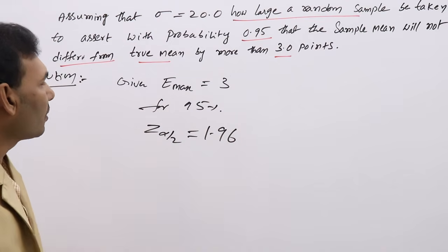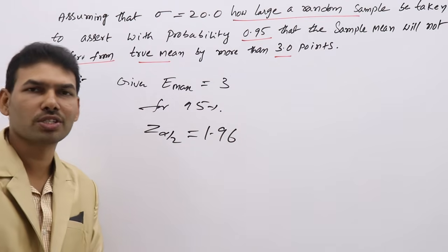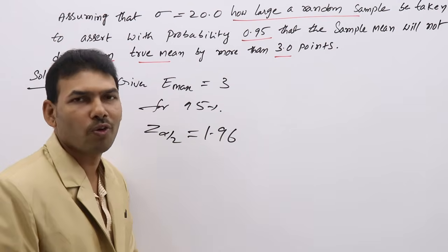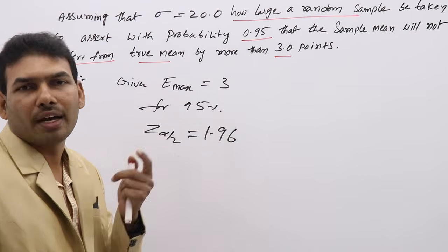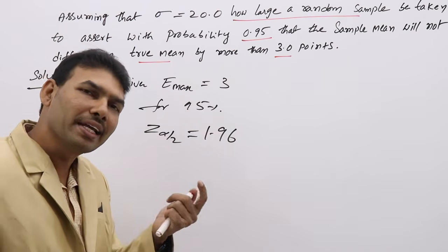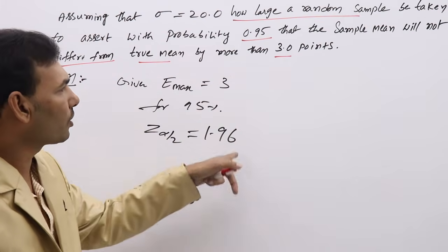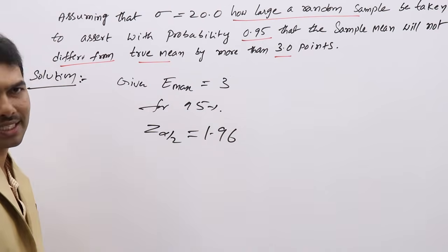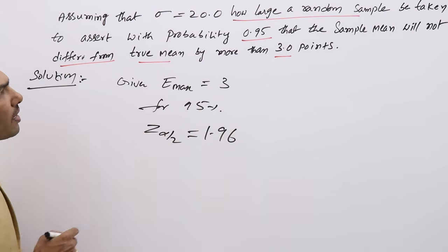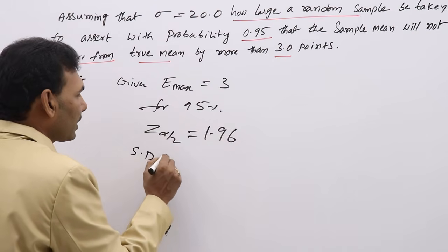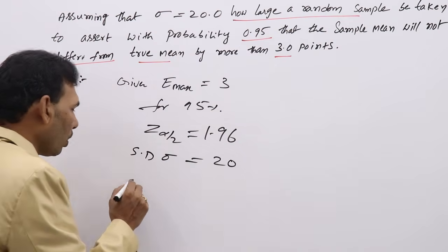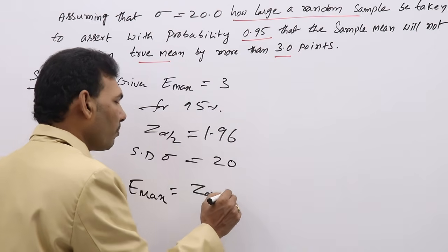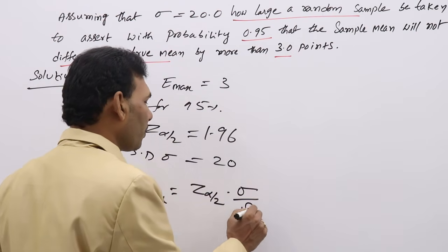This is the value which you need to remember, like the four values you have: 95% 1.96, 90% 1.645, 99% 2.58, 98% 2.33. I have written that in the box already. So Z alpha by 2 is 1.96, E max is given, and SD is also given, sigma 20. Now we know the maximum error formula. E max is Z alpha by 2 into sigma by root n.